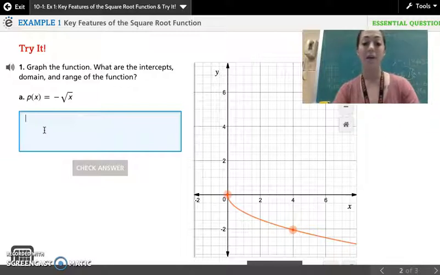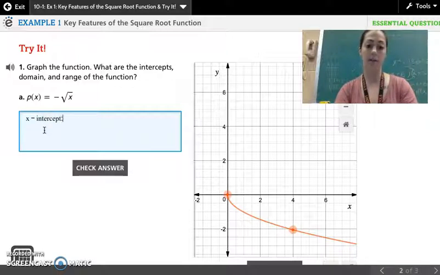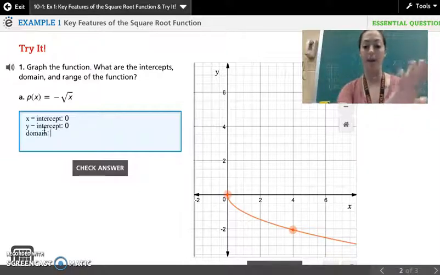Same idea. So my x-intercept, let's start with that. X-intercept, that's 0. Y-intercept, and these are all the points you need to have. That's also 0. My domain, my x values. X has to be greater than or equal to 0.